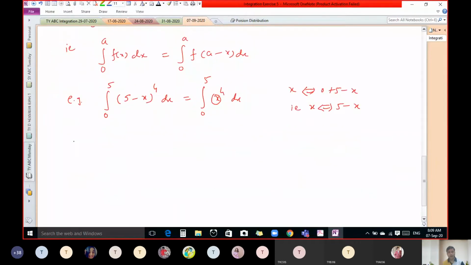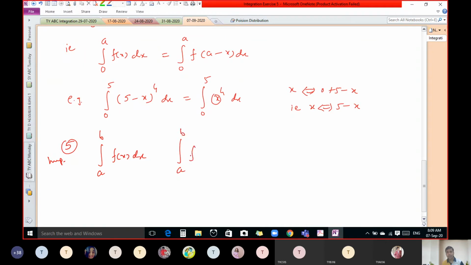Fifth, the same property, almost same. Instead of 0, if it is a to b f of x dx, then also you can write this property in this way.